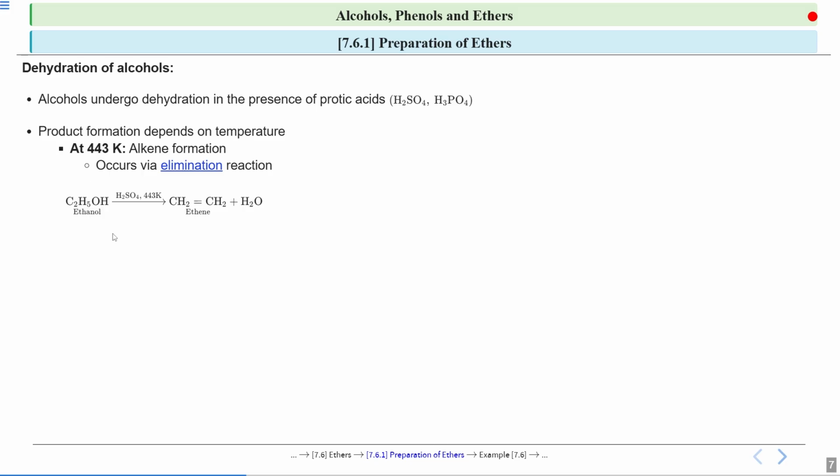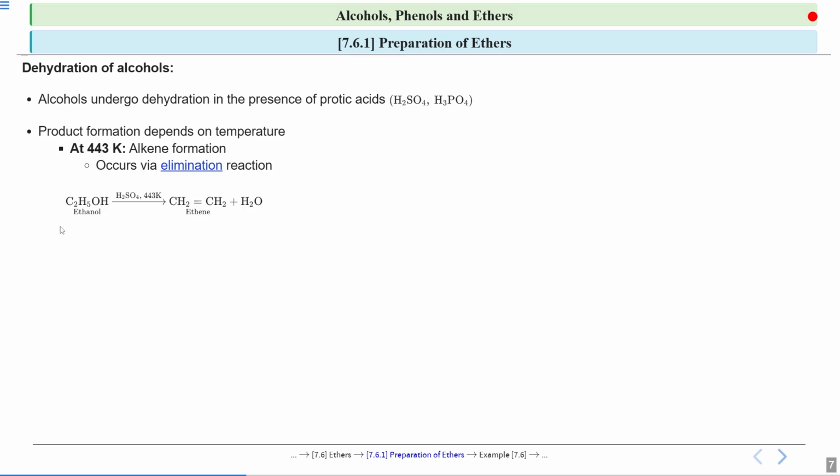So what happens first, if this is your alcohol, first we protonate this alcohol. When we protonate this alcohol, it is OH2 plus. So when it is OH2 plus, this oxygen will now have a positive charge. So the OH2 group will leave from here, and a carbocation will generate on this carbon.